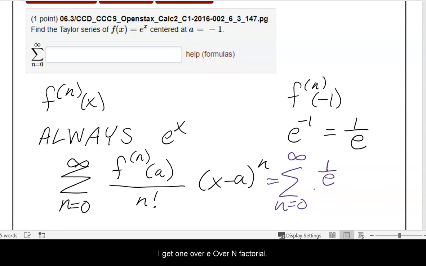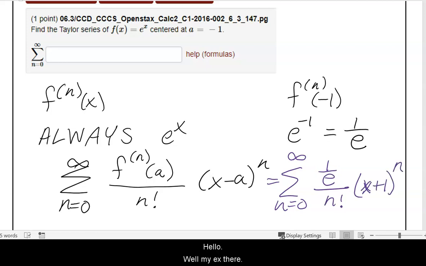So I get 1 over e over n factorial times x minus a, where a is -1, which makes it x plus 1, raised to the nth power. Okay. Oops, got a little carried away on my x there. All right, and that's it. That's the formula for the Taylor series. It's essentially done. No matter what, that's what it's going to come out to be.